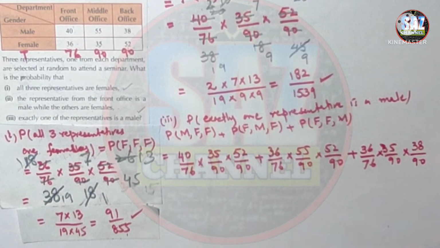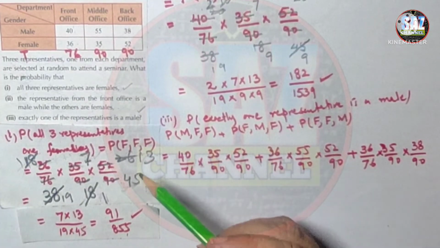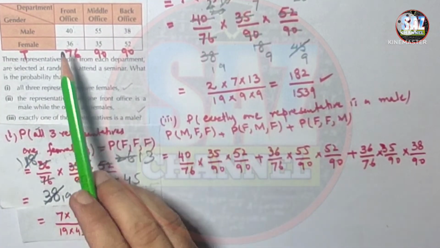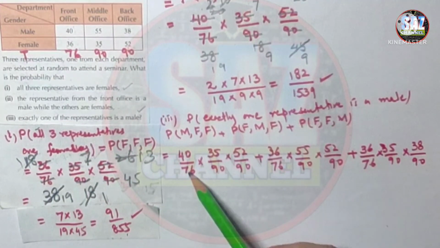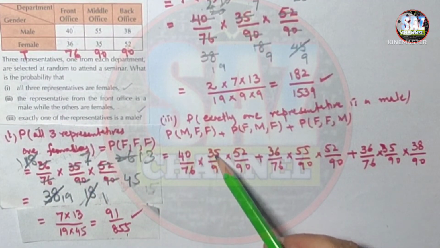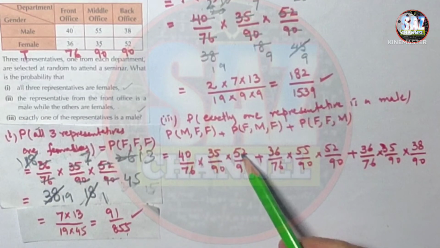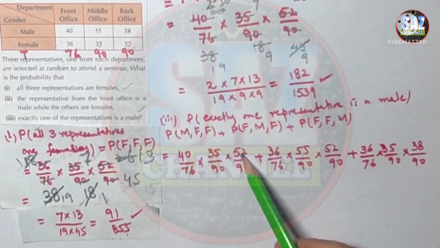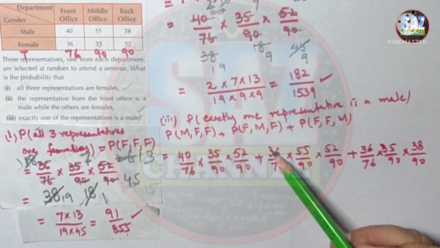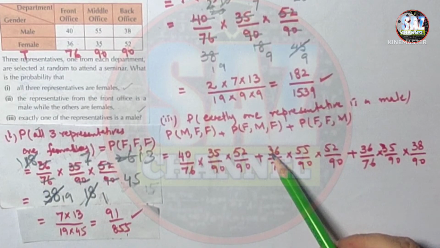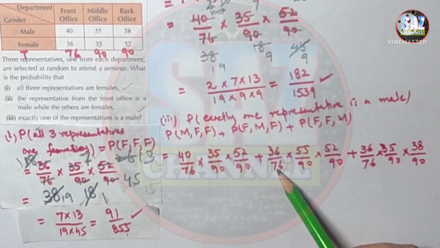Let me confirm the data once again. Male from the front office has the chances 40 by 76. Then female from the middle, 35, and female from the rear office. Then we have to pick up female from the front office, 36 by 76.